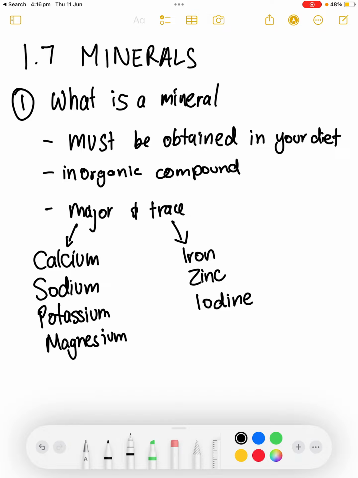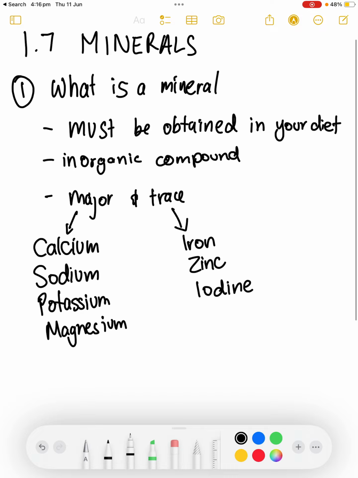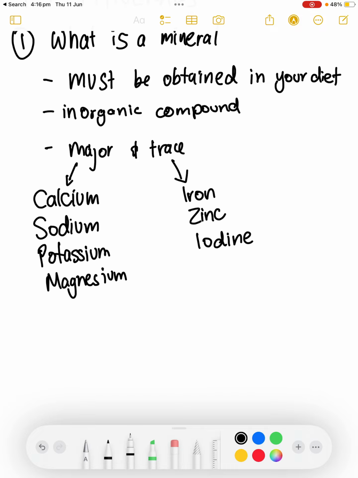All right. And the next thing we're going to sort of recap and look at now are specific minerals. So the first one we'll look at is calcium. First things first with calcium. We need to know about what are some sources of calcium.